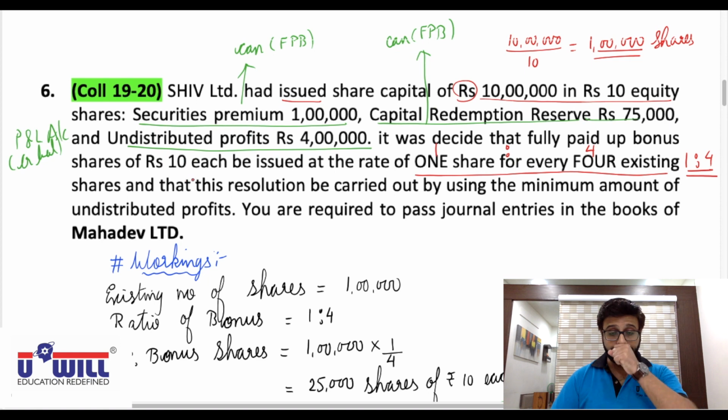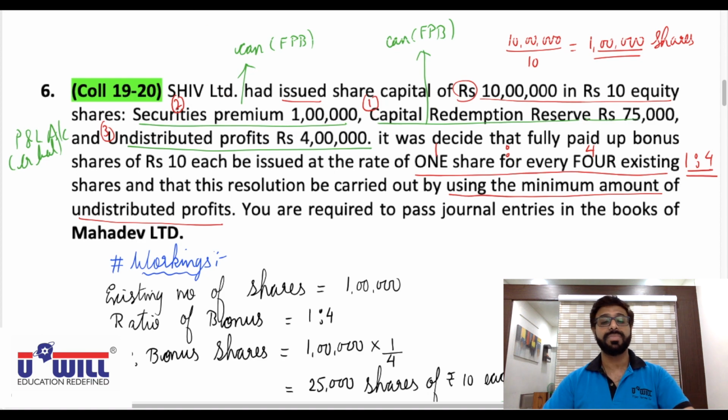And that this resolution be carried out using the minimum amount of undistributed profit. So in the order of priority, undistributed profit we use at the end only. First priority we shall use capital redemption reserve, second security premium, and third would be undistributed profit.